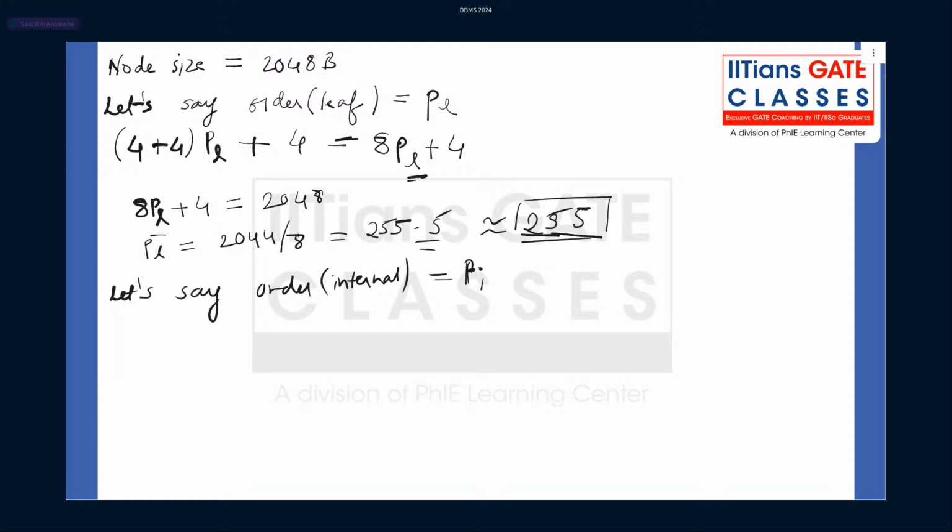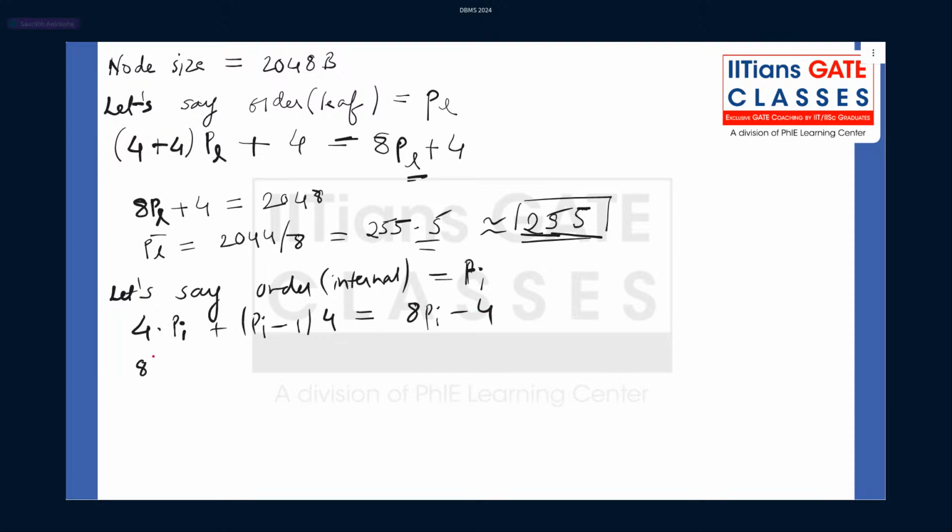So we have Pi block pointers. Each block pointer is 4 bytes, so 4 Pi, right? And we have Pi minus 1 keys, which are also of 4 byte size. So that is equal to 8 Pi minus 4.